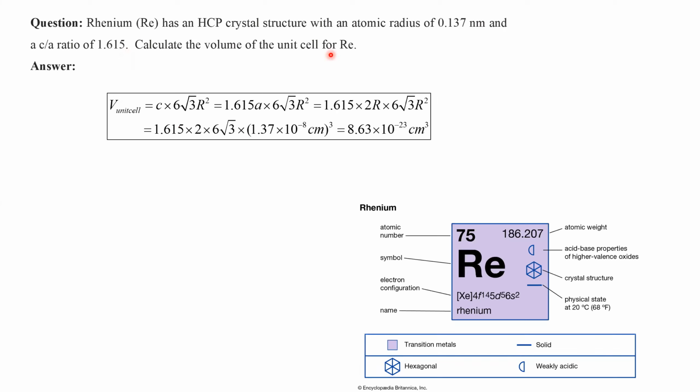Calculate the volume of the unit cell for rhenium. So we know the relationship, right, of the volume of the HCP. So you just plug all this number here and get the number here. And if you take a look at this is like hexagonal symbol here.